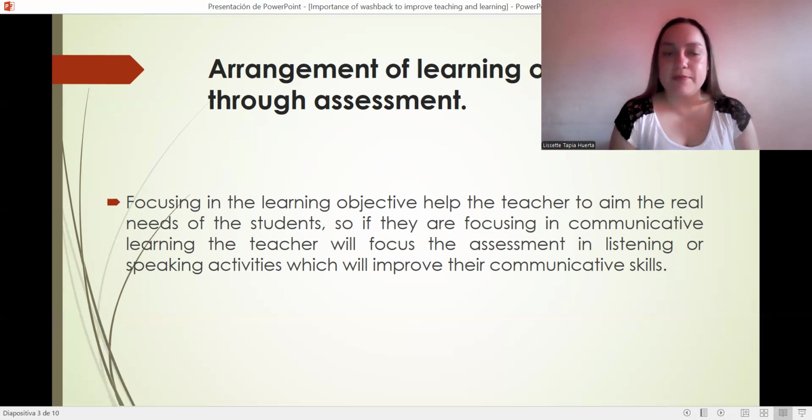For example, if a student is focusing their learning on communication, we have to make our assessments more communicative. If they want to speak better and listen better, we have to work with assessments with speaking and listening as well. With this, students will be more motivated to keep learning their lessons.